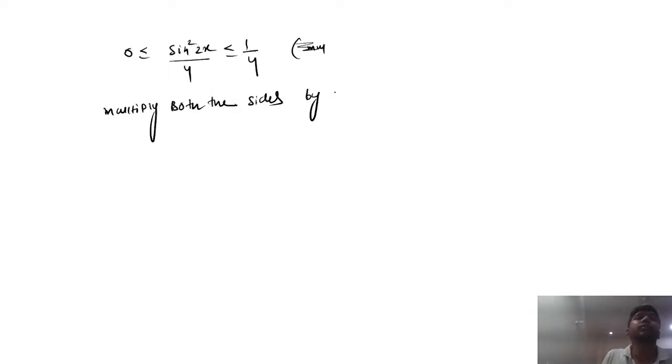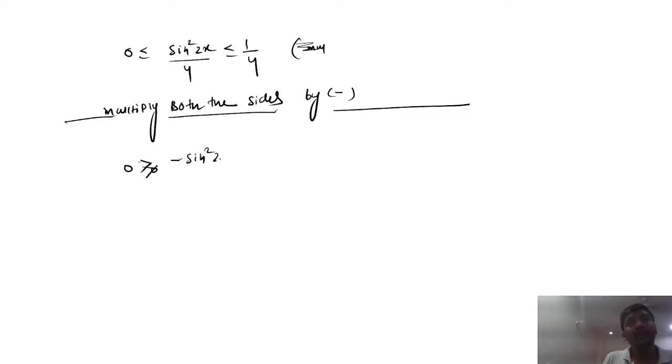Okay. We get, this is less than or equal to 0, minus sin square 2x by 4 less than or equal to minus 1 by 4. Any doubt till here?